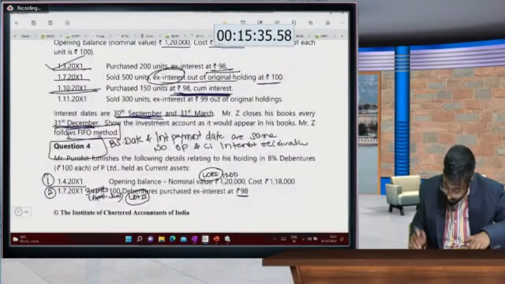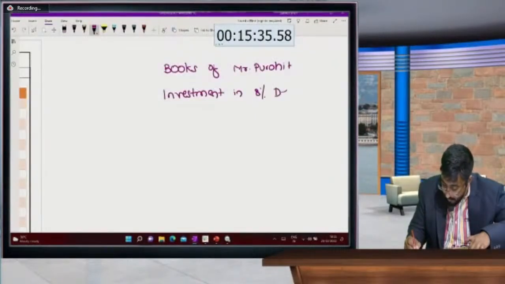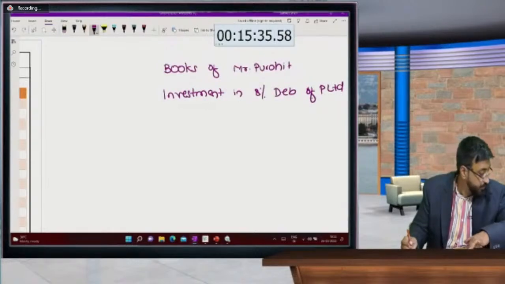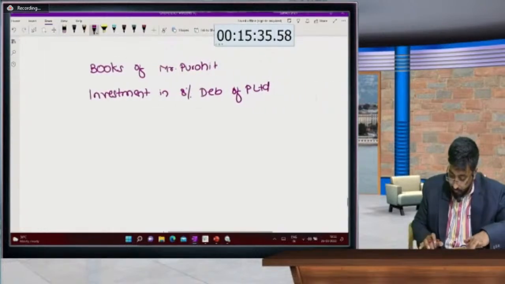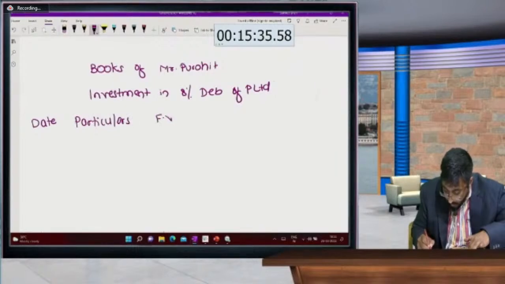No. 8% debentures of P Limited. Just of P Limited. Write down. What are the columns? Date, particulars, face value, interest, cost.